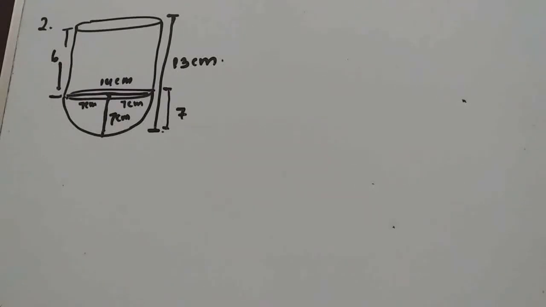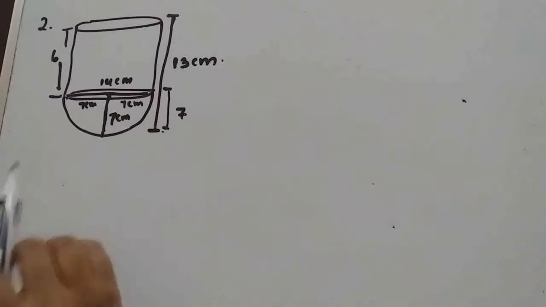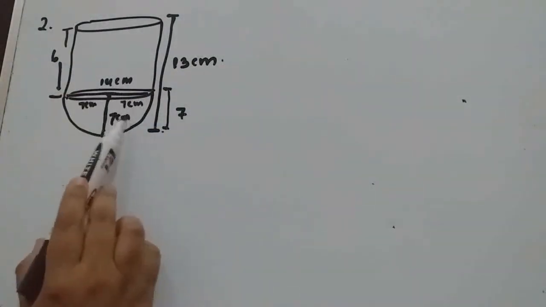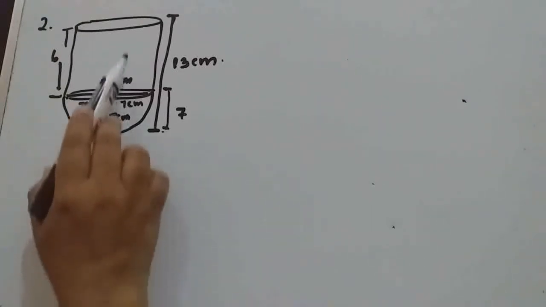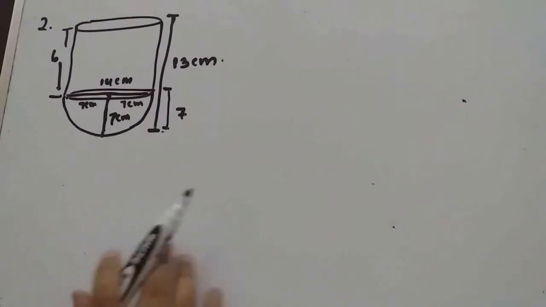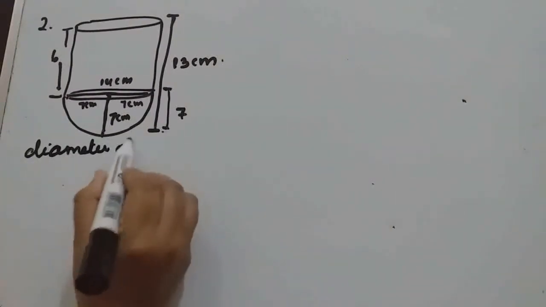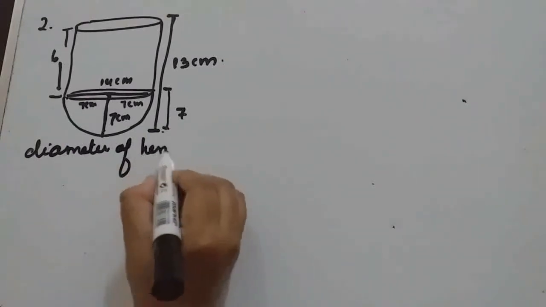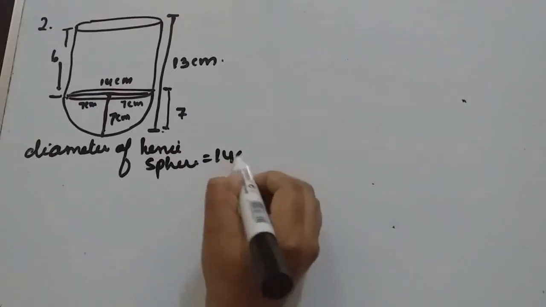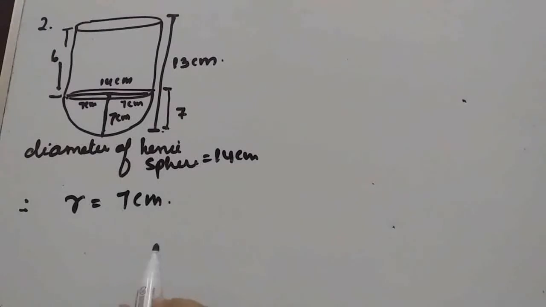The inner surface area of the vessel we should find. So inner surface area of cylinder plus inner surface area of hemisphere. If we add both together, we will get the inner surface area of the vessel. So first, the diameter of the hemisphere is 14. Therefore, the radius will be 7 centimeter.